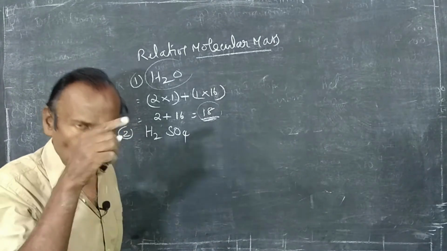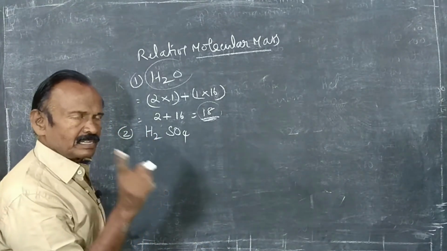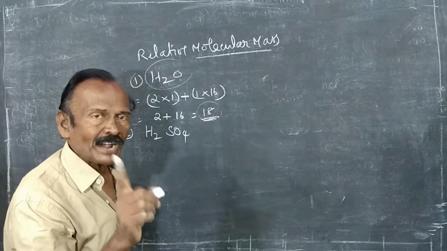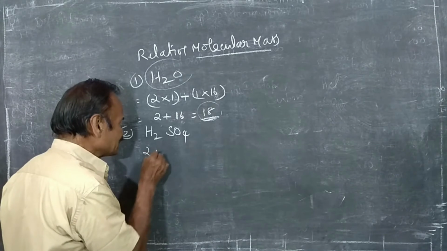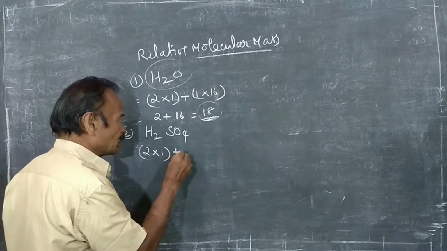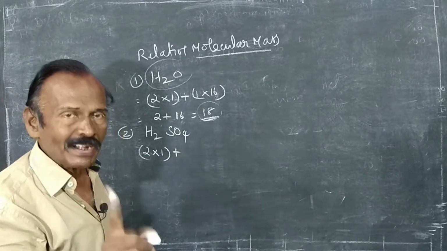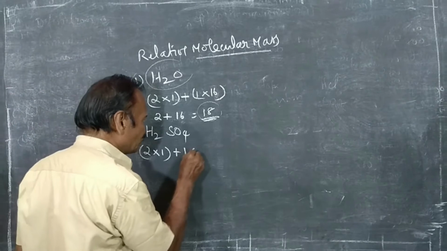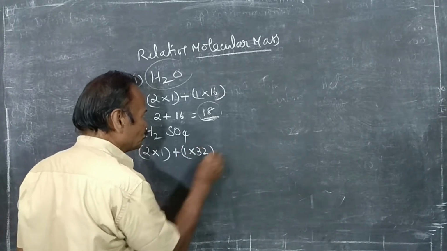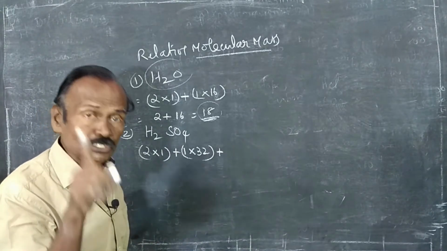This example is also given in the book. There are 2 hydrogen atoms. The mass of one hydrogen atom is 1, therefore 2 into 1, plus the mass of sulfur. One atom of sulfur is 32. Here there is only one sulfur, therefore 1 into 32, plus the mass of one oxygen atom, which is 16.